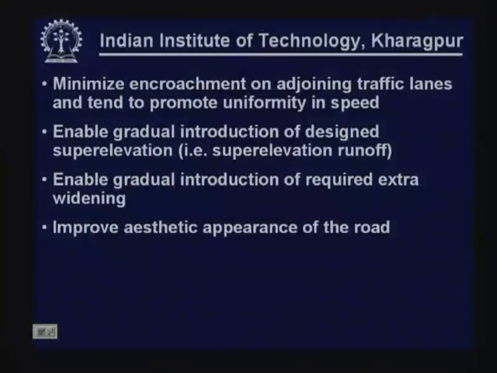Number 3, when a vehicle is negotiating a horizontal curve, there is a possibility of lateral shift and encroachment on the adjoining traffic lane. We shall come back to this topic when we discuss the AASHTO guidelines in the subsequent lesson.